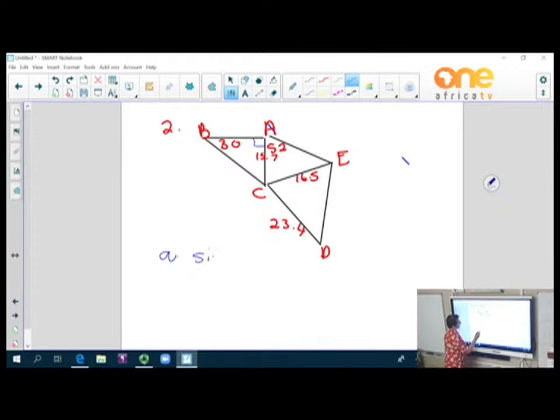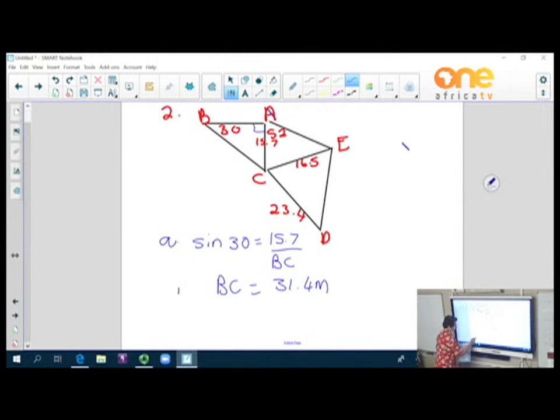Sine. So sine 30 degrees is equal to 15.7 over BC. Which method do we use now? Divide. 15.7 divided by sine 30, and that is 31.4 meters.